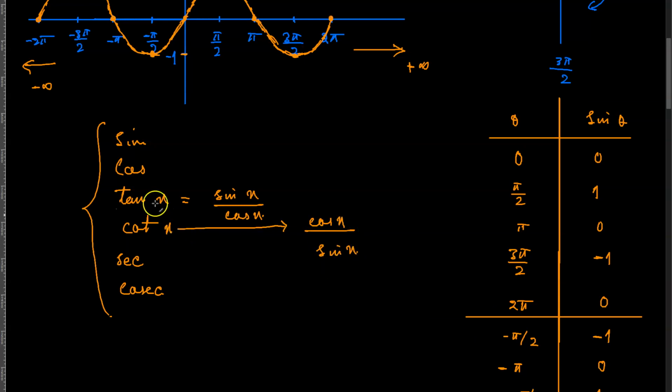So this doesn't have any identity of itself either. It's dependent upon these two functions. So tan and cot are not new functions. Secant x is basically the reciprocal of cos, which means you can write this as 1 over cos of x. So this is again dependent upon cos, and so no new function.